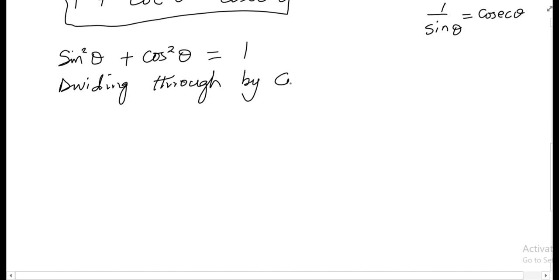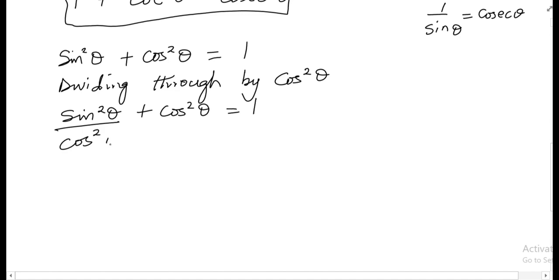So here you have sine squared theta plus cos squared theta equal to 1. Divide through by cos squared theta all over cos squared theta. So sine over cos is tan.